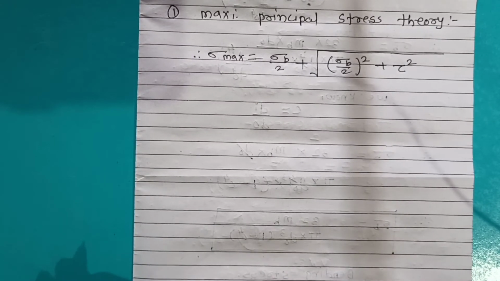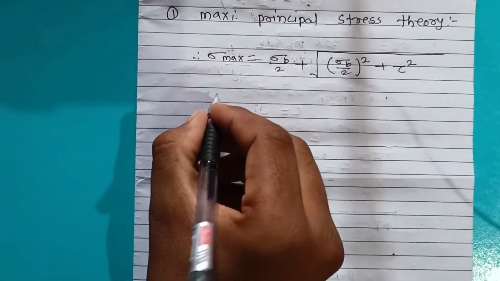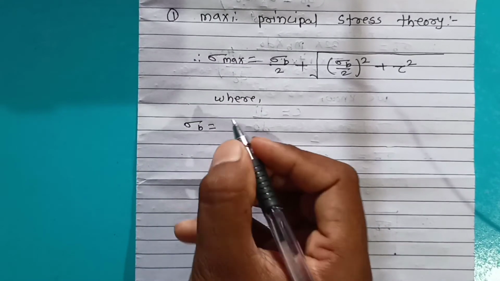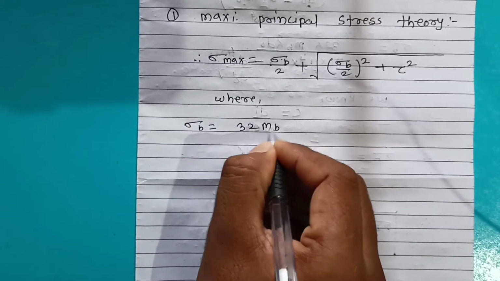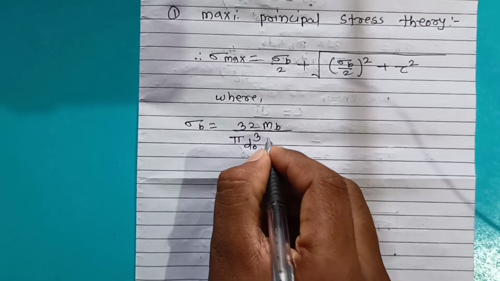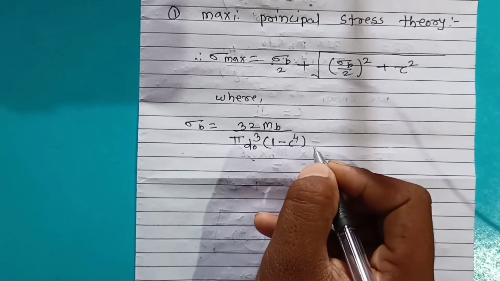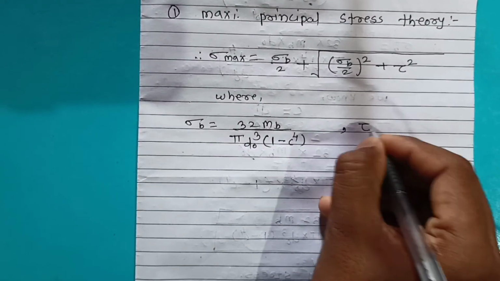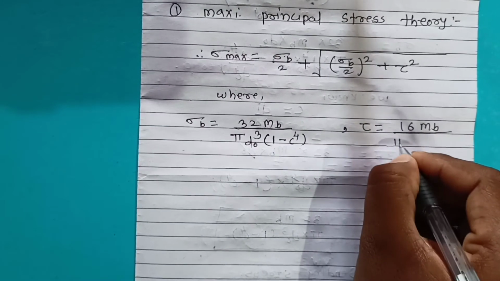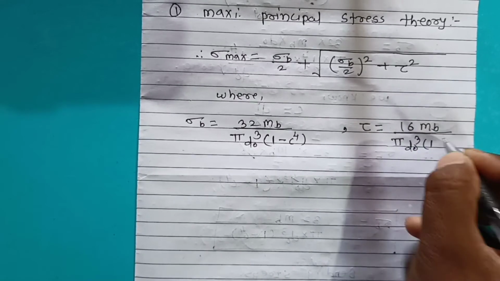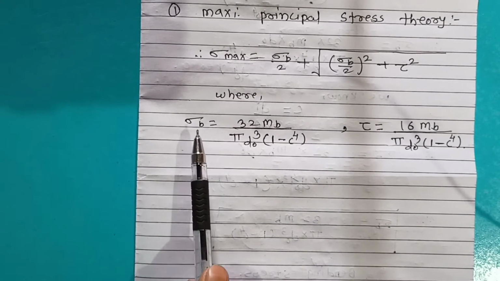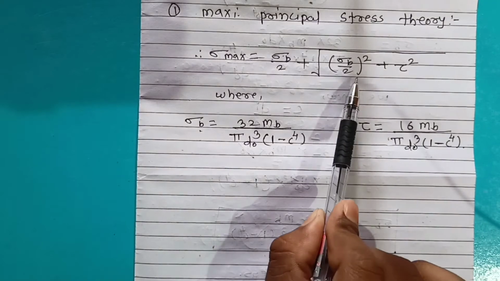Now we know the values of sigma b and tau, where sigma b is equal to 32 Mb divided by pi do cube into 1 minus c raised to 4, and the value of tau is equal to 16 Mt divided by pi do cube into 1 minus c raised to 4. Now these two values are put in the above equation.